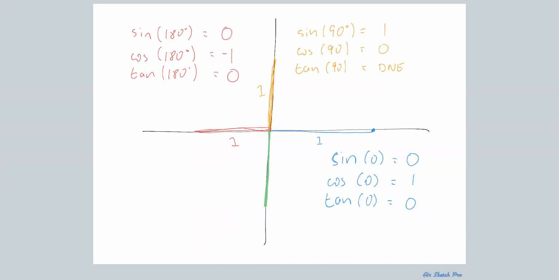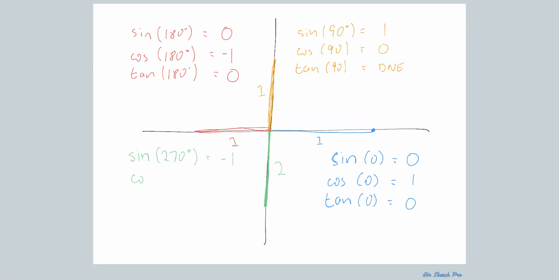Okay, 1 unit length, but this time going down. What angle is that, by the way? The 270 is pointing straight down. So what's the sine of 270? Minus 1.